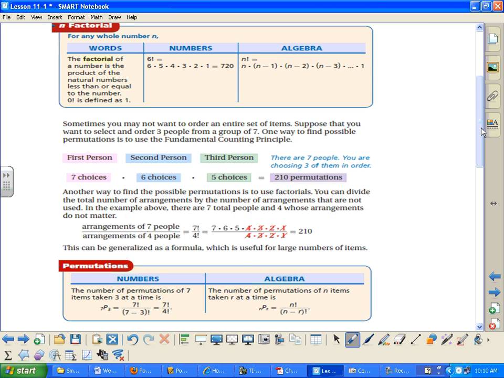Well, what that turns out to be is an arrangement of 7 people divided by an arrangement of 4 people. That in the numerator here we have all of the possibilities, and in the denominator we have the possibilities that we don't want. Okay? And that still gives us that 210, which is something we found in the warm-up too, wasn't it?